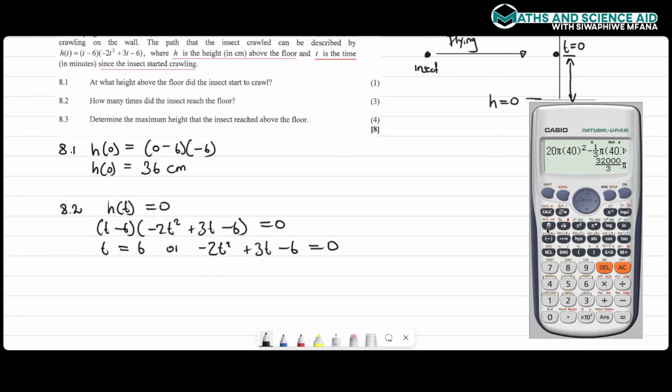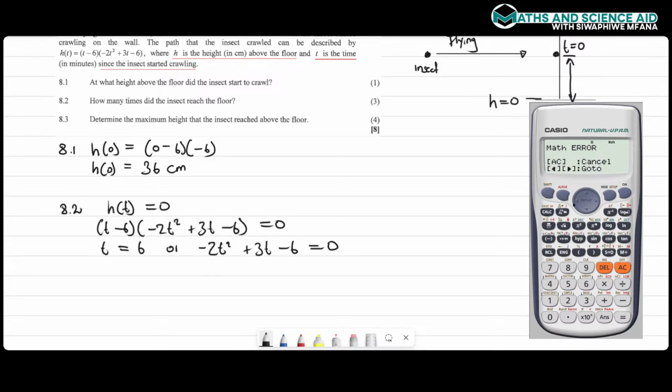So minus b is minus 3, plus or minus the square root of b squared, in other words 3 squared minus 4a, which is negative 2, times c, which is negative 6, all divided by 2 times a, which is negative 2.